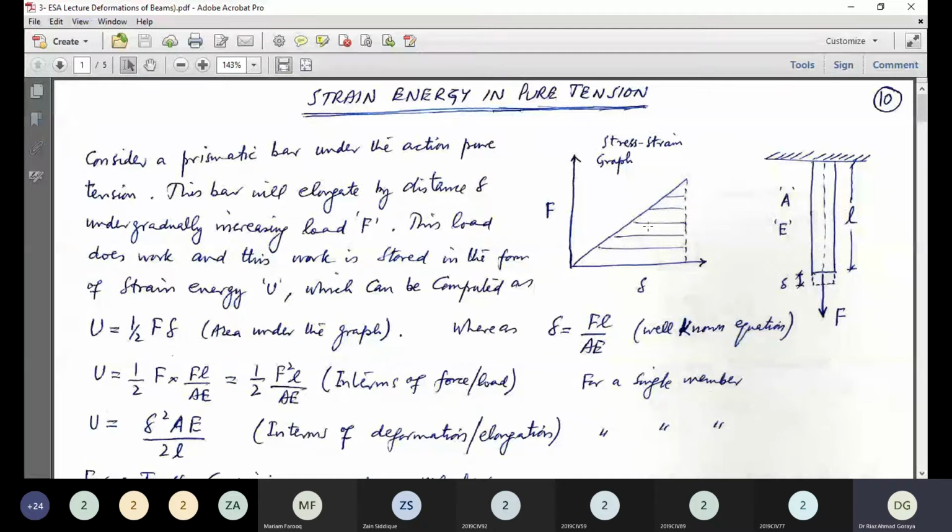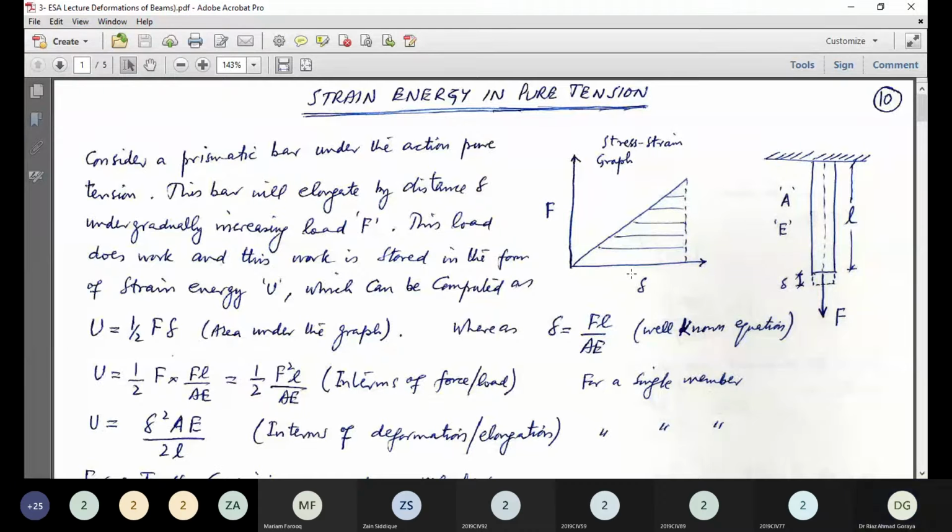Now, if we want to compute this work, then U, that is the strain energy, is equal to half F into delta. This is a triangle, so the area of the triangle is half into delta into F.